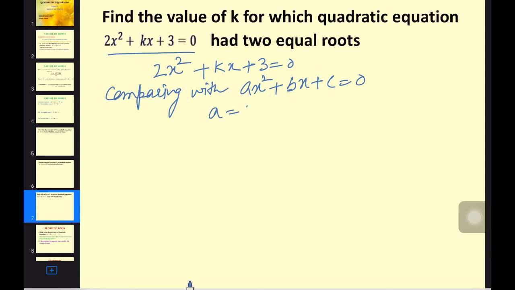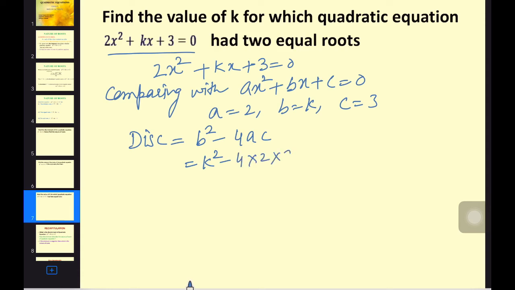We get a is equal to 2, b is equal to k, c is equal to 3. Then the discriminant b square minus 4ac is equal to k square minus 4 into 2 into 3, k square minus 24. And this has two equal roots.